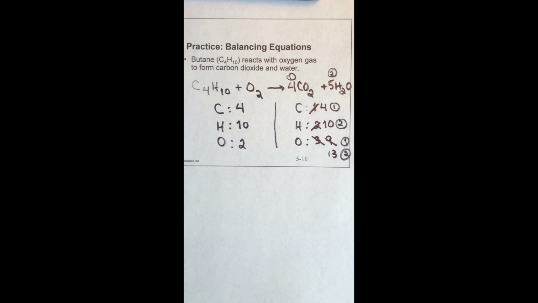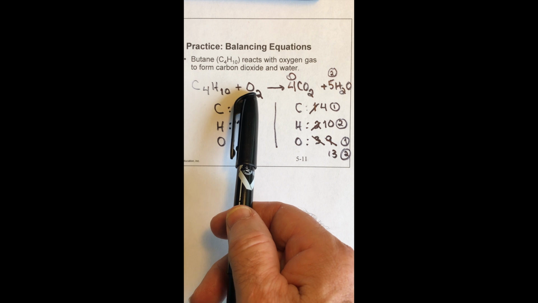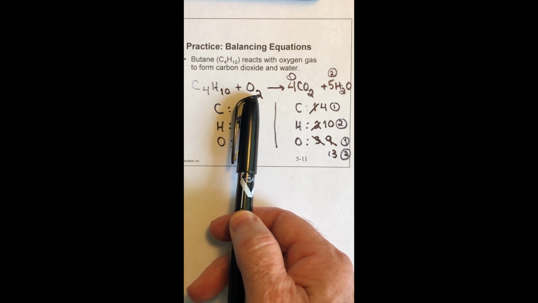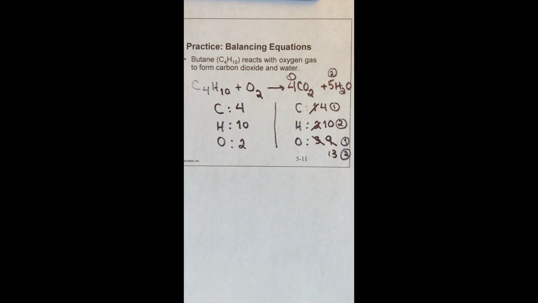Well, in the previous example with the combustion of methane, it was easy because this was an even number and it was simple to find a multiplier to get me a pair of oxygens to go to that number. We can't do that right now. So there's several ways we can go here. But here's what I want to tell you.